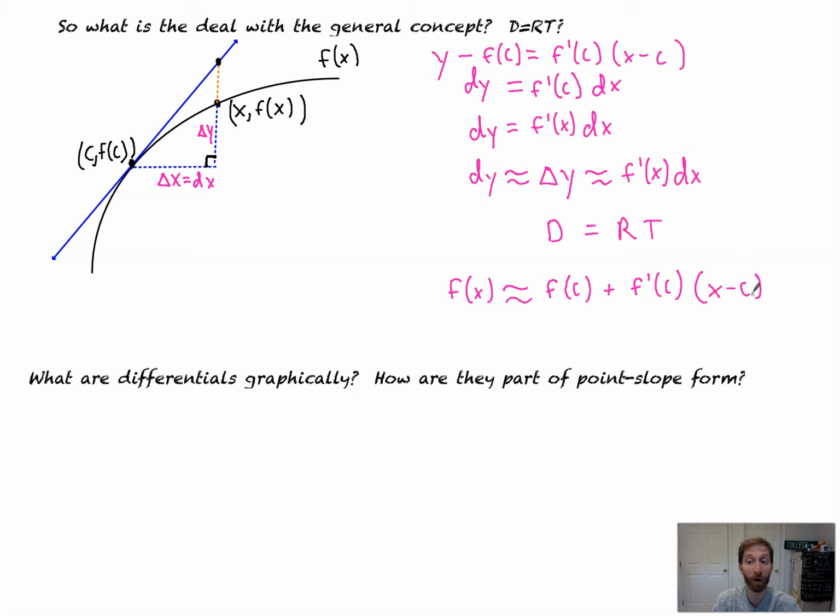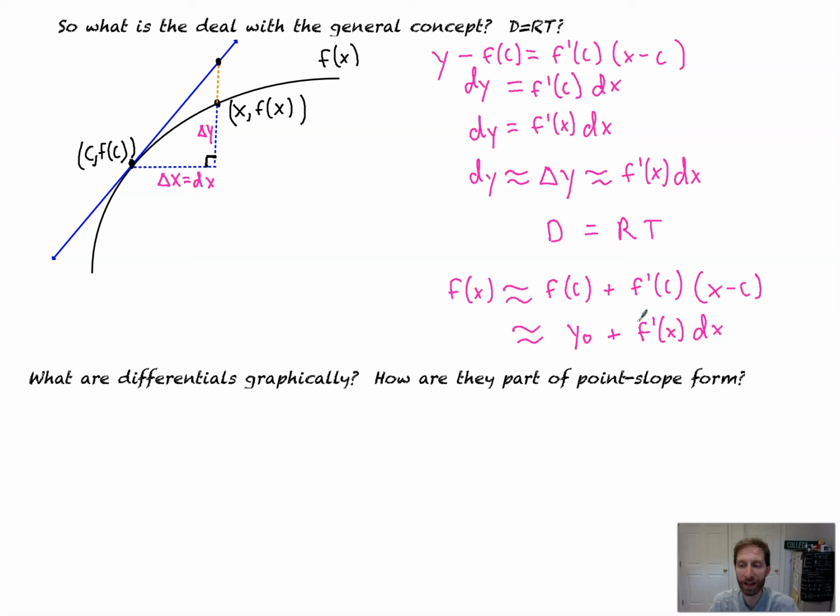So we've seen that before. Well, let's go a little bit closer. This is essentially your starting value, right? Call it y initial, plus f prime of c is the derivative, right? So that could be just f prime of x times dx.